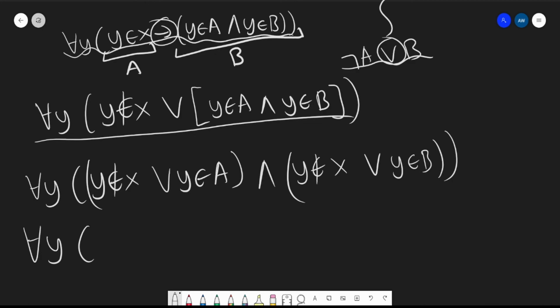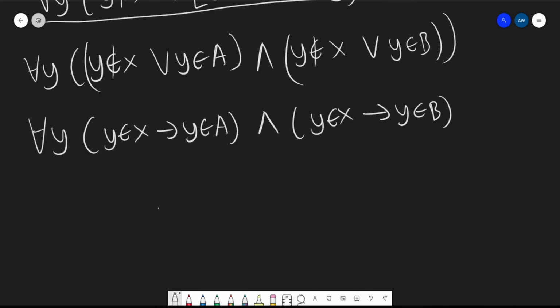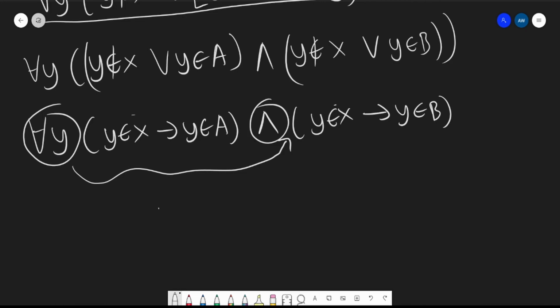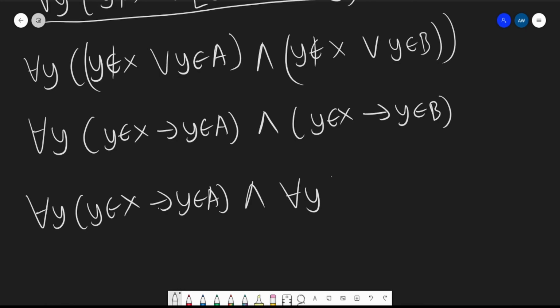So if y is an element of x, then y is an element of A. And this one can also be converted back. I think it was the last video where we proved a lemma saying that we can distribute a quantifier as long as there's an and sign between two statements. So we can just distribute the quantifier and do this, and we're done actually.